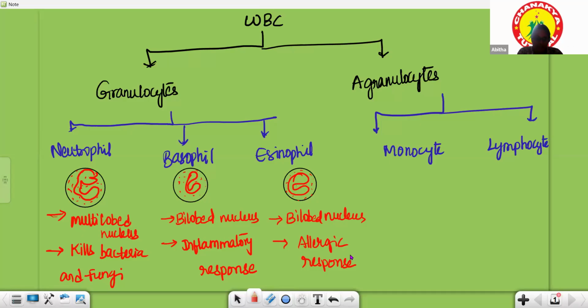Okay, clear with the three types of granulocytes: neutrophils, basophils, and eosinophils. Eosinophil is also called acidophil in some books.